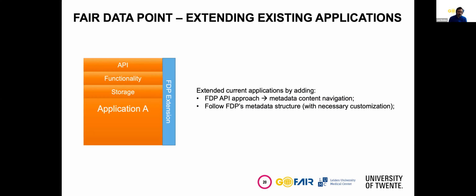We don't need to disturb any of this, and then you just extend your application by providing a kind of compliance layer on top of your application, to provide the expected metadata content navigation API from the FAIR Point, and to follow the FAIR Point's metadata structure. And of course, you can change it, and in our implementation we are working on facilities to make the extension of the metadata structure easier.